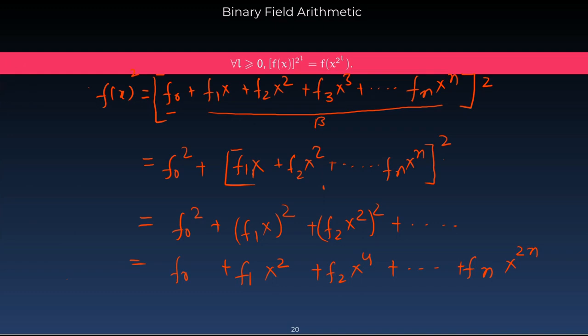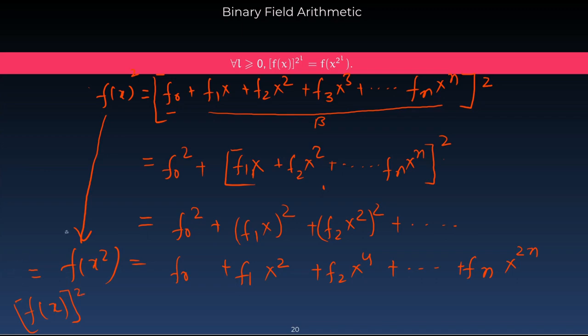So this is actually equal to f of x square. So we have proved that f of x whole square is equal to f of x square. We started with f of x whole square and got f of x square.